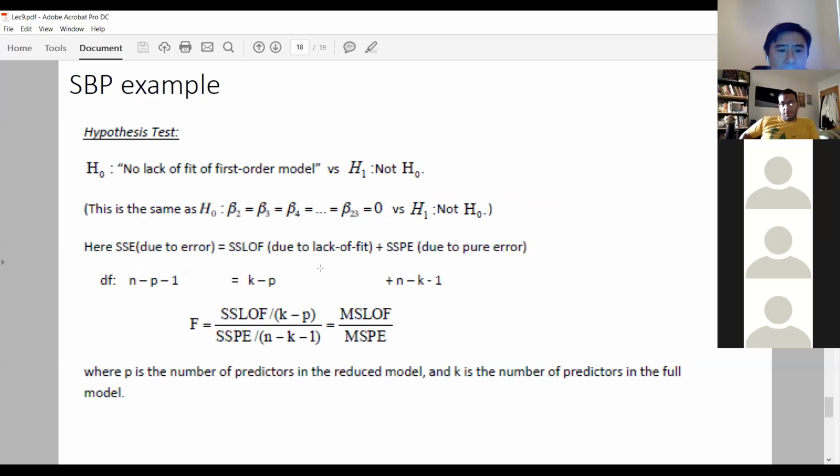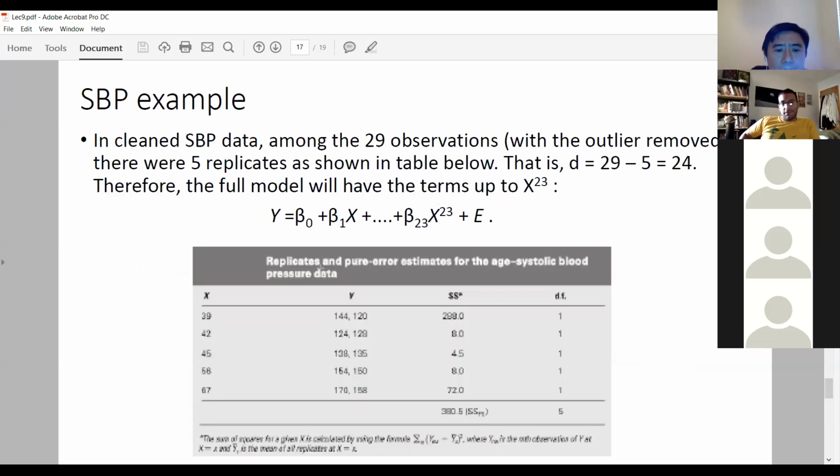The upper one. Yes, this one. How can I know if the data replicate or not? Replicates. 5 replicates. Unfortunately, you have to evaluate manually.